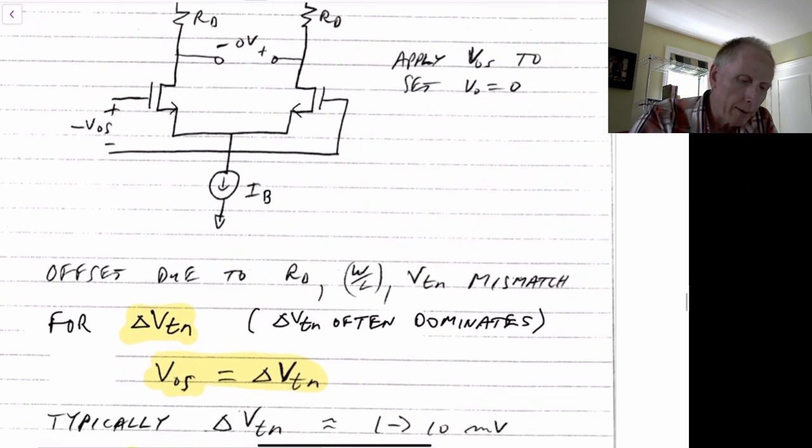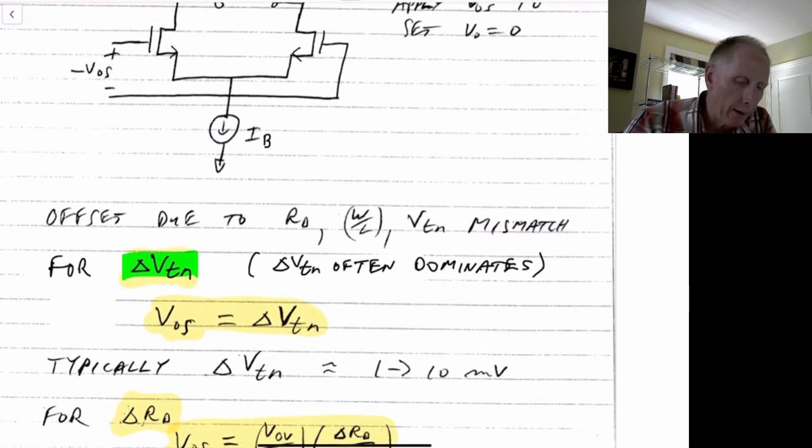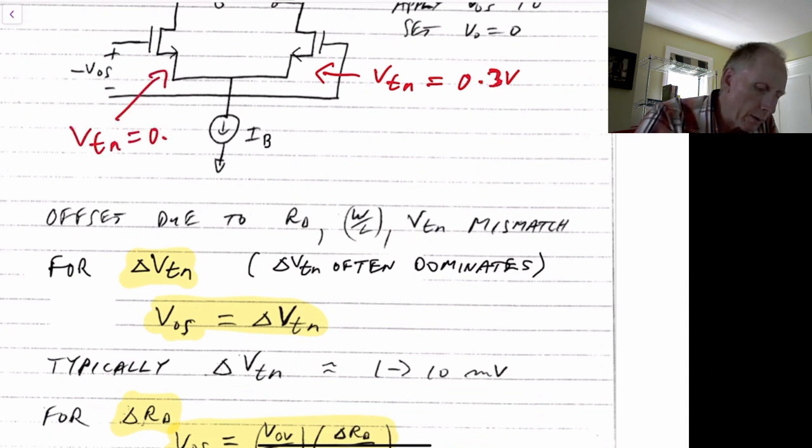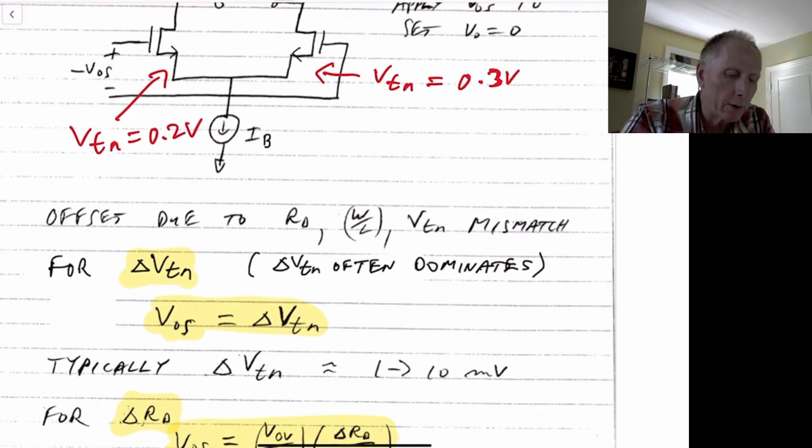So in the case that there's a change in the threshold between the two transistors, that just appears directly as an input offset. So if we expected that this VTN here was equal to 0.3 volts, and this VTN is equal to 0.2 volts, then we would have to adjust one of the gates by 0.1 volts such that it would effectively think the threshold was the same, and then half the current would go in either direction.